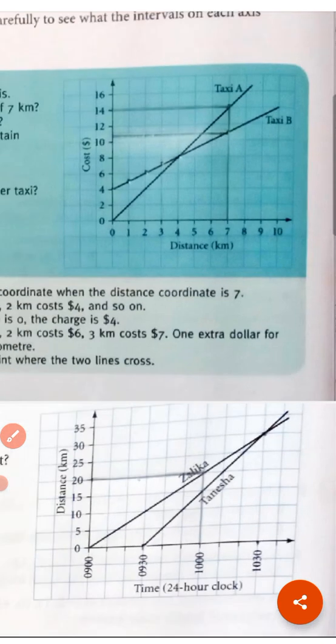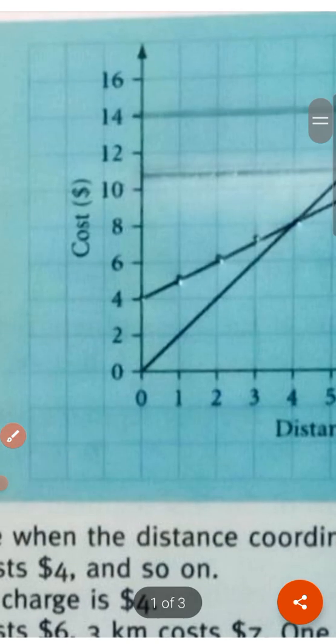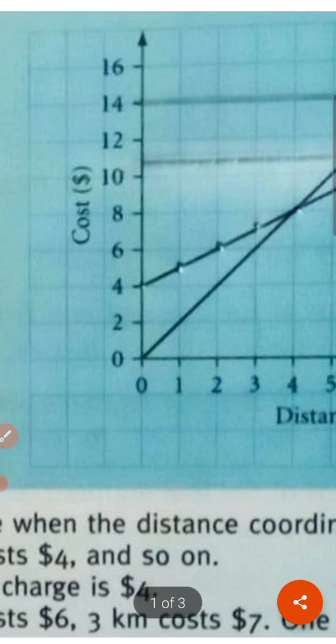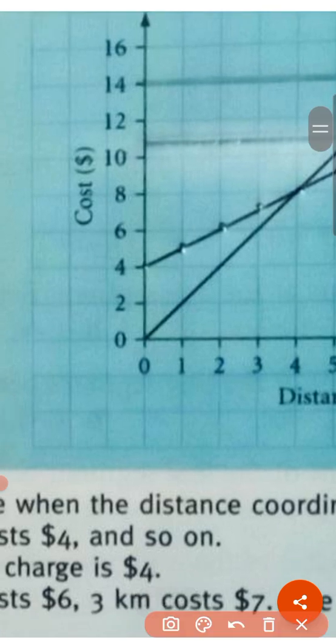But on y-axis, the costs are labeled. Here each unit is equal to $2, because the numbers marked are 2, 4, 6, 8, 10, 12, 14, 16, etc. The difference between each number is equal to 2.